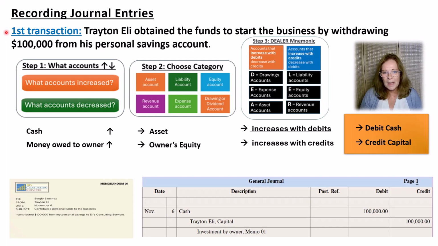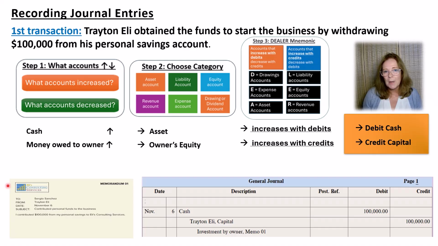For the first transaction, Trade and Eli obtained the funds to start the business by withdrawing $100,000 from his personal savings account. Before the accountant records an entry into the general journal, they analyze the transaction and examine the supporting documentation. The supporting documentation for the $100K contribution is a memorandum from Trade and Eli to Sergio Sanchez.